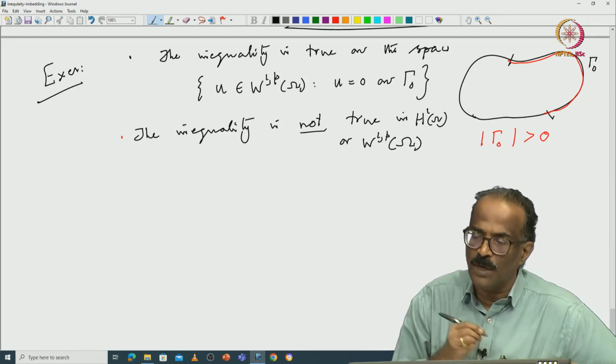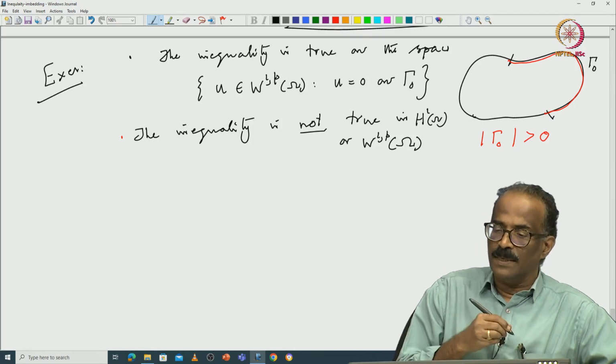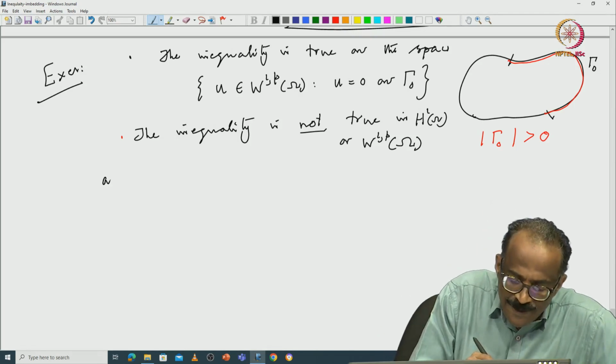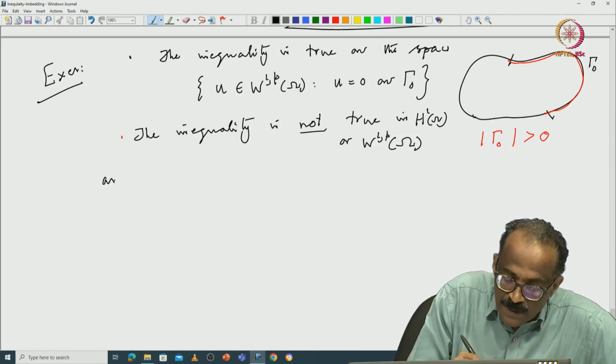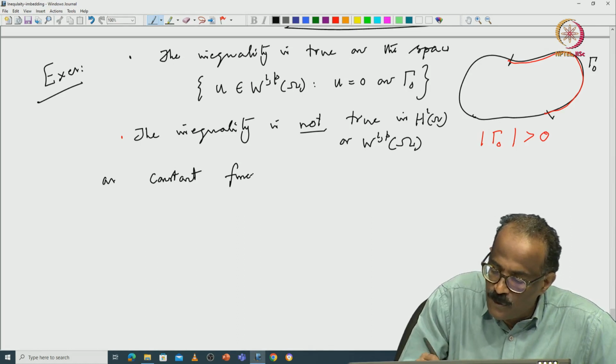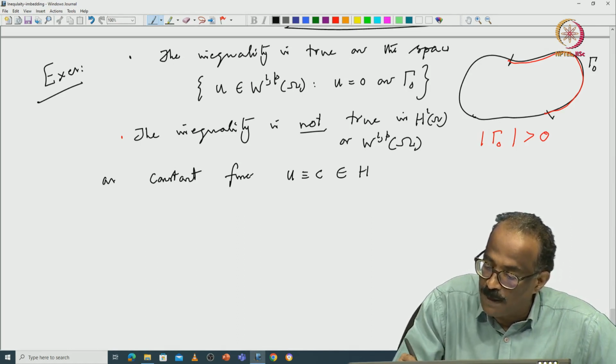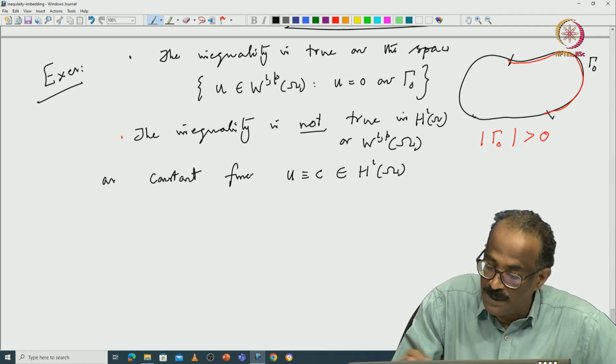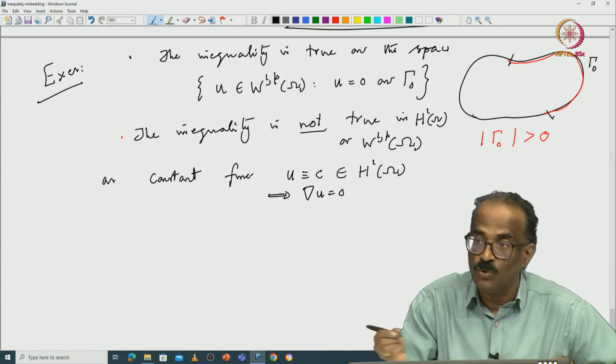Of course, we are assuming omega is bounded, but the constant function u equal to c is in H1 of omega, and it implies grad u is 0, so it cannot be true there.